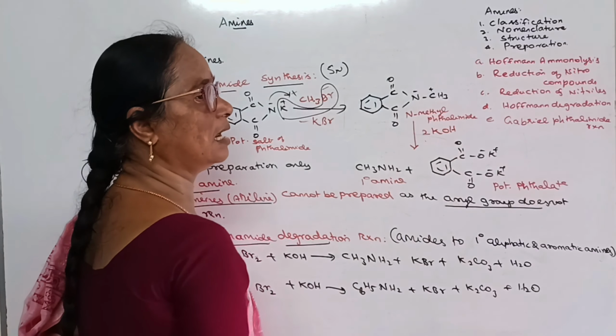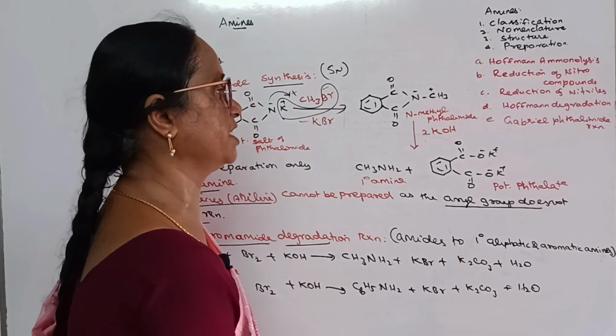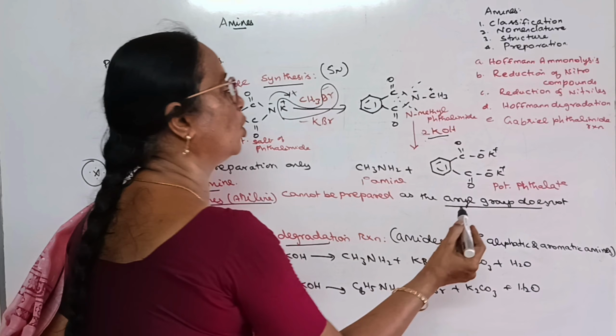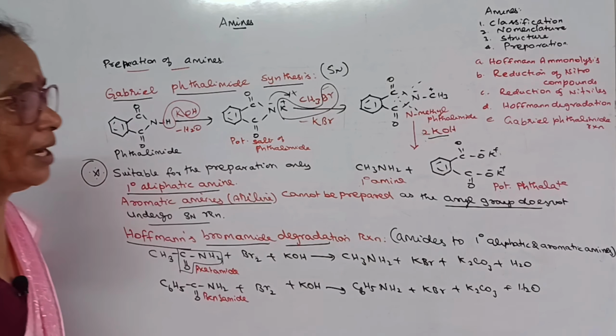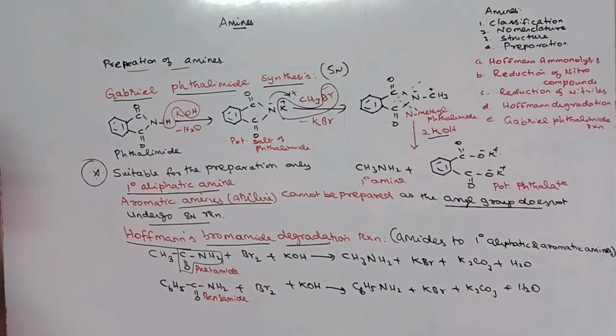On further hydrolysis with potassium hydroxide, the bond of the CONH group is broken. As it has two hydrogens, that makes CH3NH2, and the rest, the KO group, is added with the CO. We get potassium phthalate and the primary amine, methanamine. I have taken methyl bromide, so methanamine. If you take ethyl bromide, the product will be ethanamine.